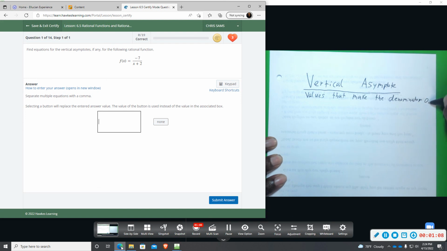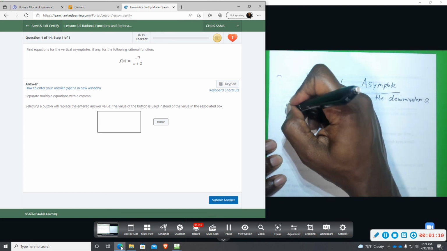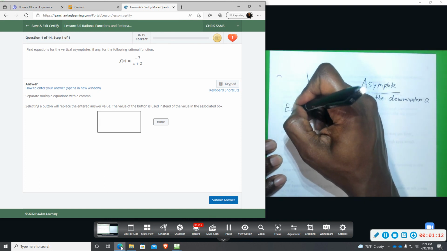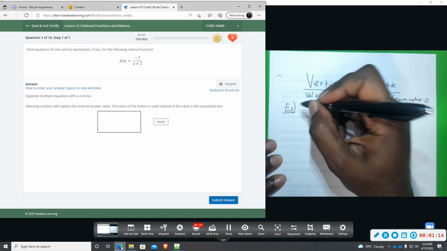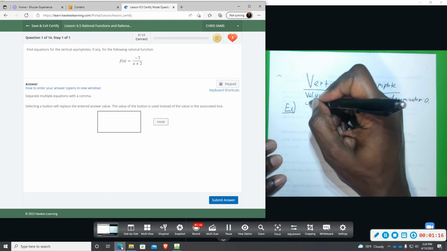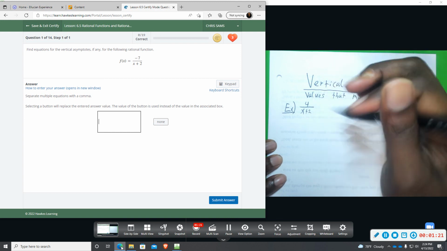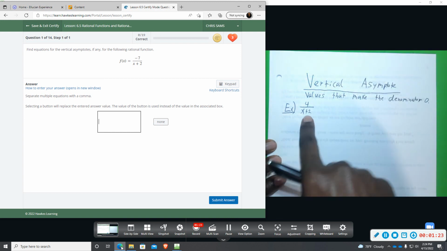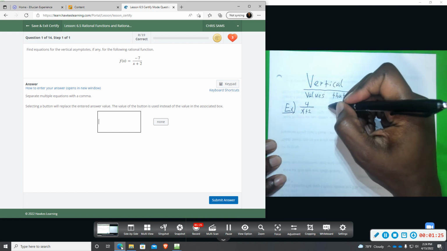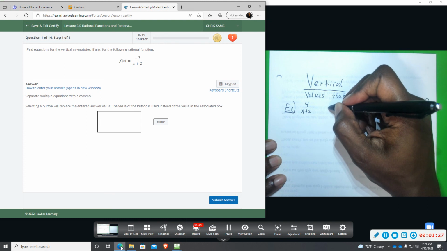Values that make the denominator 0. So just for example, sometimes you might have to factor, but I'm just going to use this small example for, let's say, x plus 2. You only focus on the bottom for vertical asymptote.